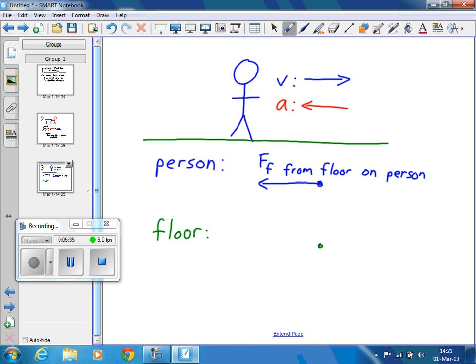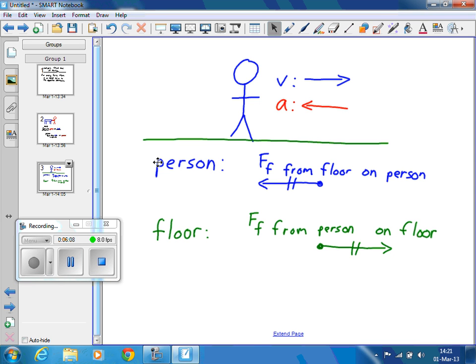If there's friction force from the floor on the person, there is also friction force in the opposite direction on the floor from the person. From person on floor. And once again, these two forces are exactly the same size, so we can mark that with hash marks.